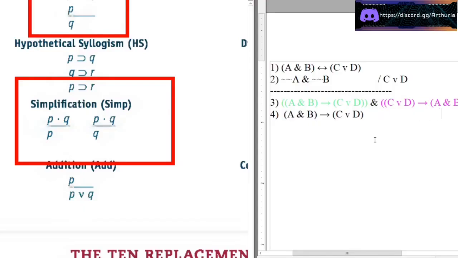Okay, so this comes from simp of line 3, and then we also get the other side.